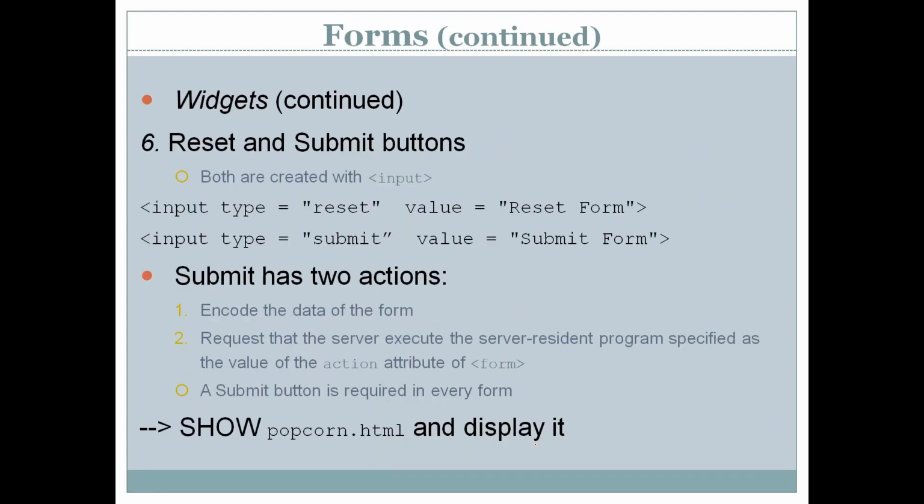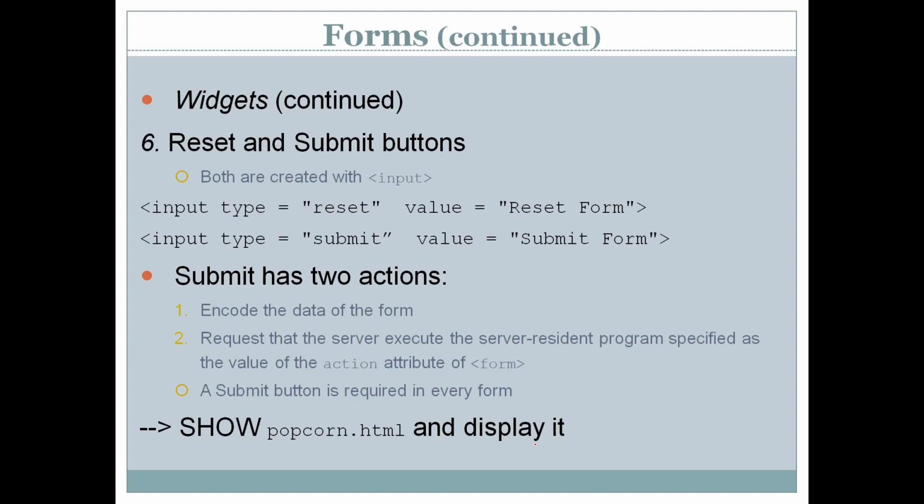The next widgets are the buttons. We call them action buttons, and we have two such buttons. One is reset and another is submit. The name itself tells us what these buttons do. The reset button simply resets the values in the form, whereas the submit button is used to submit the data to the server.